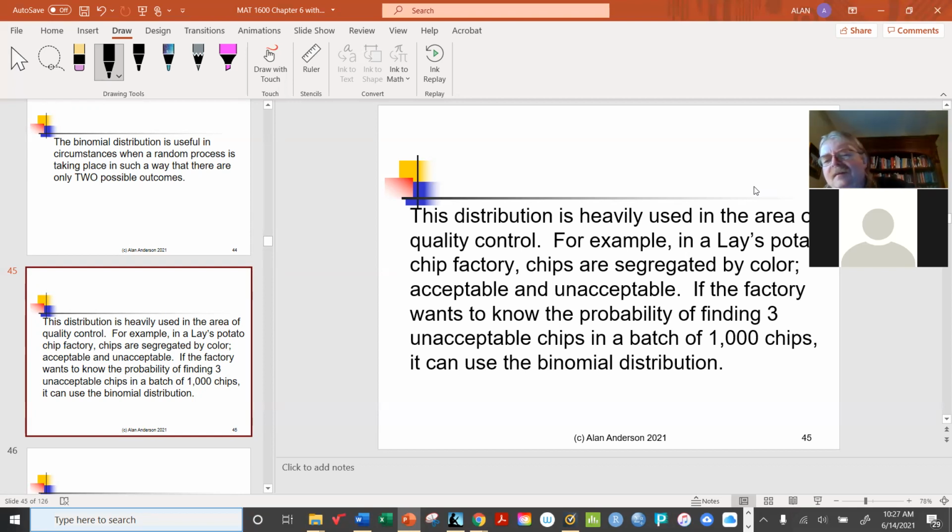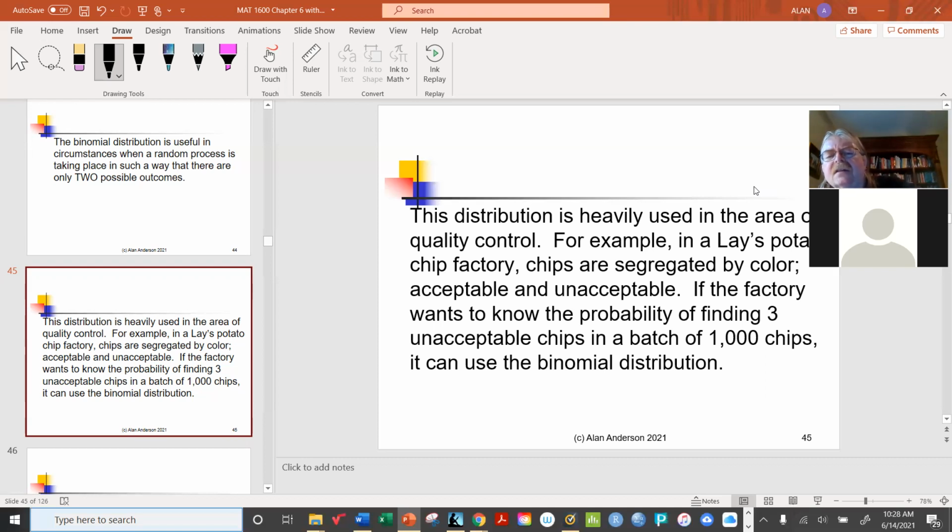Now they know, obviously, every chip can't be perfect. Some of the potatoes may not have been that great in the first place. They can get burned. There's all kinds of things that can go wrong in a production process like this, especially when food's involved. It has to be just right. There's a very limited amount of tolerance we can have for unacceptable products.